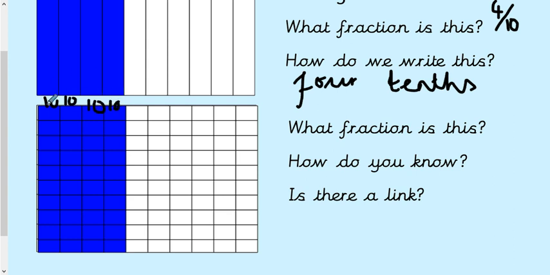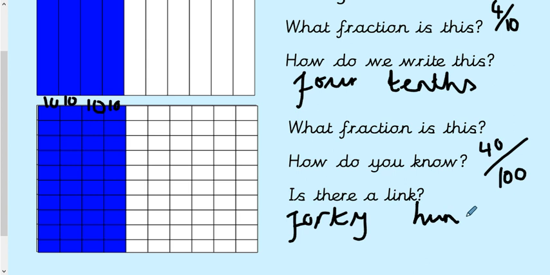Just count in tens, 10, 20, 30, 40 to add them up. So therefore it's 40. And then what is each box worth? 40, what do you think? Hundredths, okay? And we would write that as 40 hundredths.